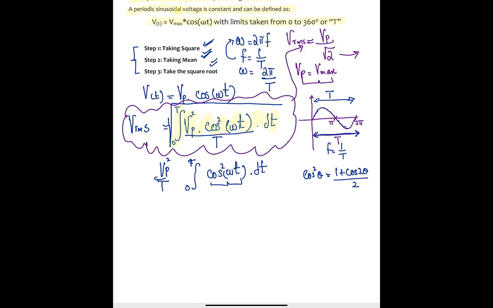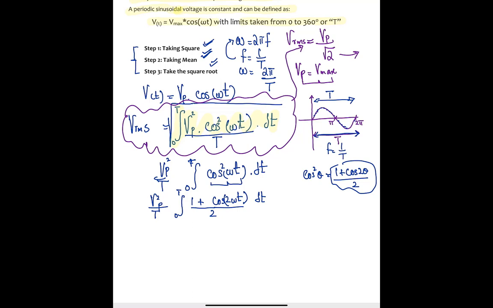Okay, so I'm going to put this into this form right here, where I have V square p over T, and then integral from 0 to T. Replace this with this thing right here. So I have 1 plus cosine 2 omega t, over 2, and then dt.